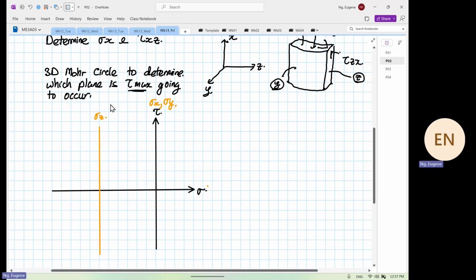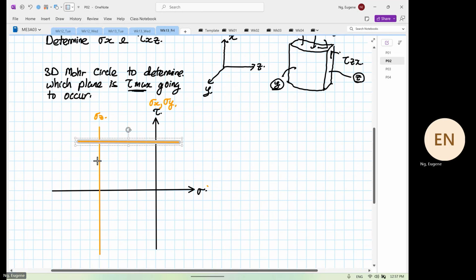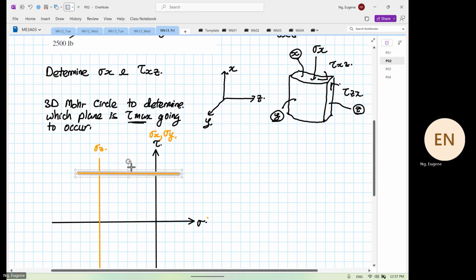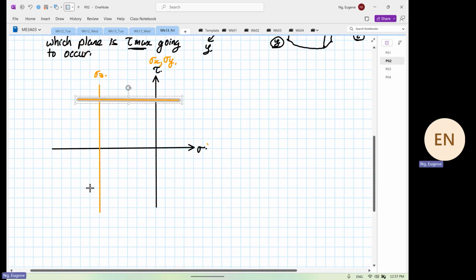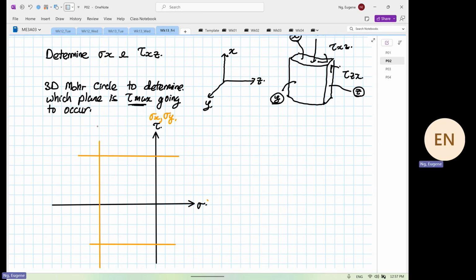Okay. And then we are aware that it has shear. Oh, stress X, you're right. So this is our stress X. This is our stress Z. Okay.